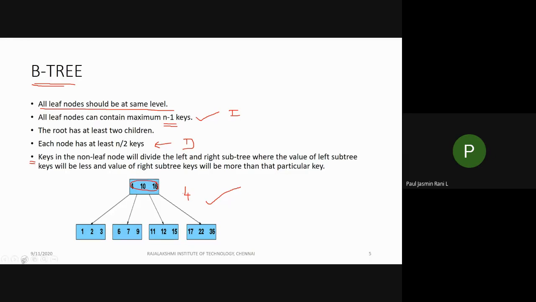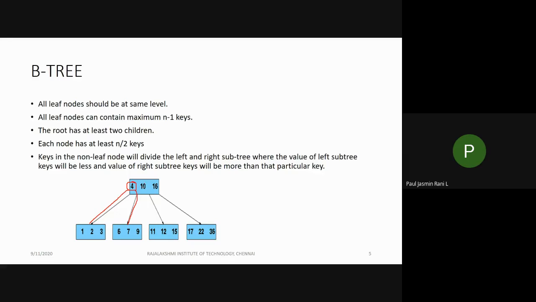When you see this diagram, you can see all the elements present on your left side. Let us consider this 4. All the elements present on the left side, 1, 2, 3, are less than your 4, and the elements present in your right subtree, 6, 7, 8, are greater than your 4.